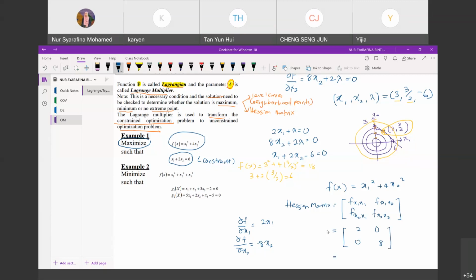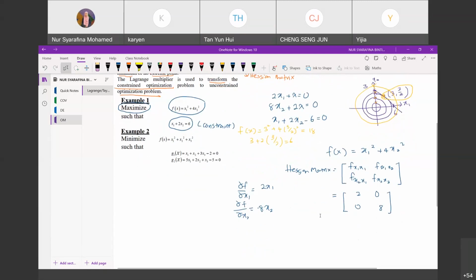So this is your Hessian matrix. And then how can we check the definiteness? You need to check the leading, successive, minor principal, right? Remember what we have discussed earlier?